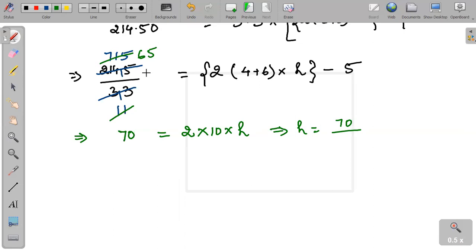Do I need to mention that? 70 by 20, that is 3.5 meter.